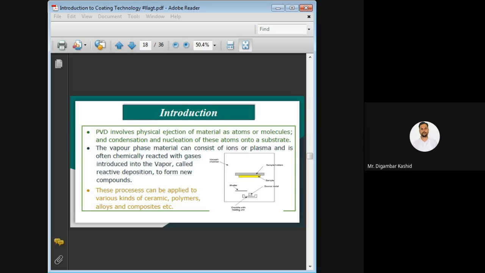So that ejection of the material and molecules, and the nucleation of these atoms and molecules, means we have to eject that material onto a substrate. From this particular line, you can see in this diagram also.